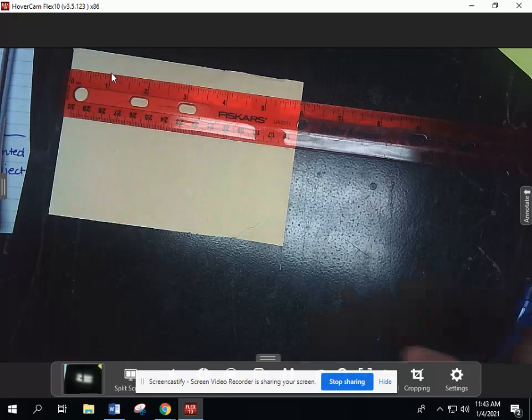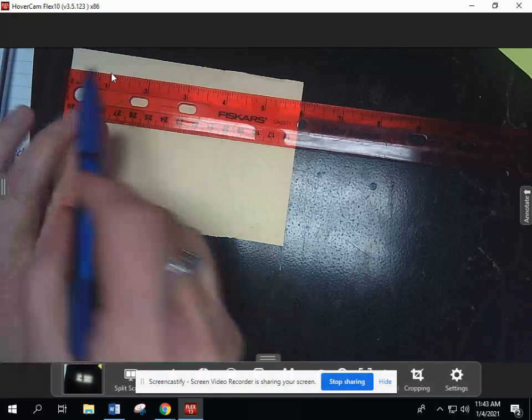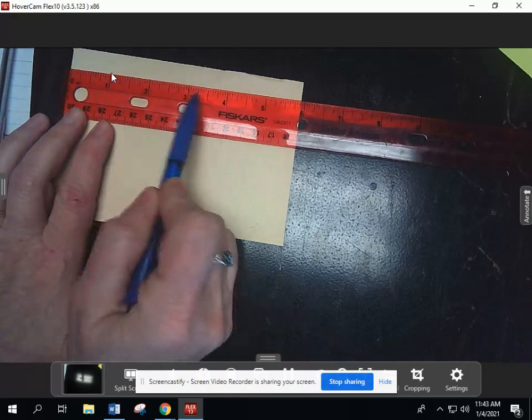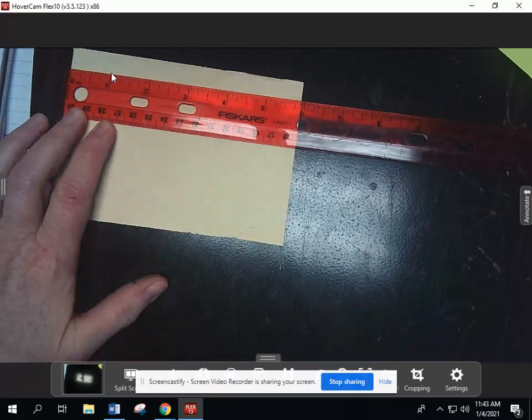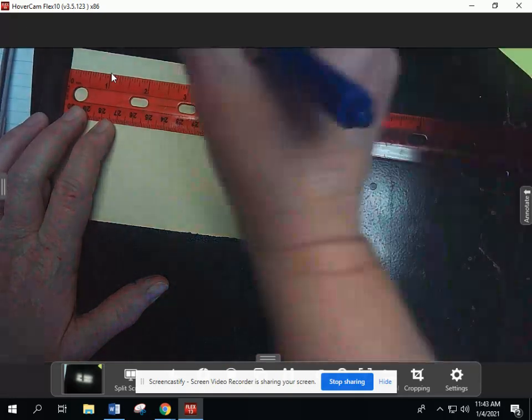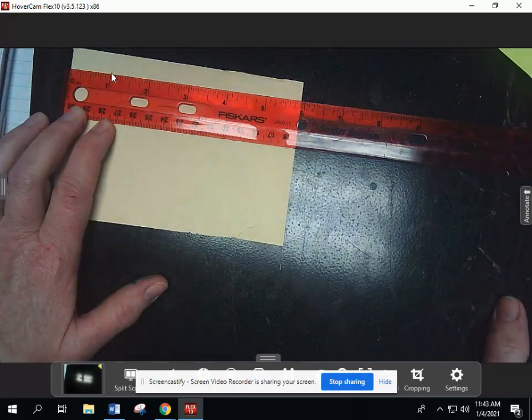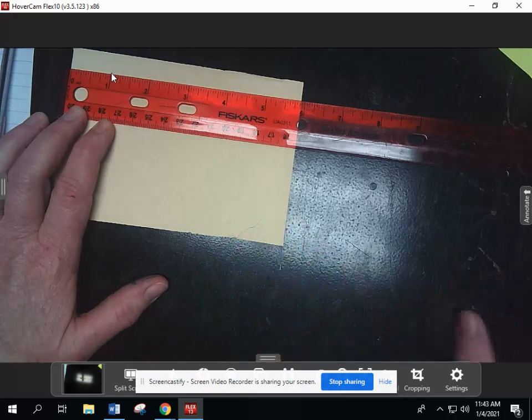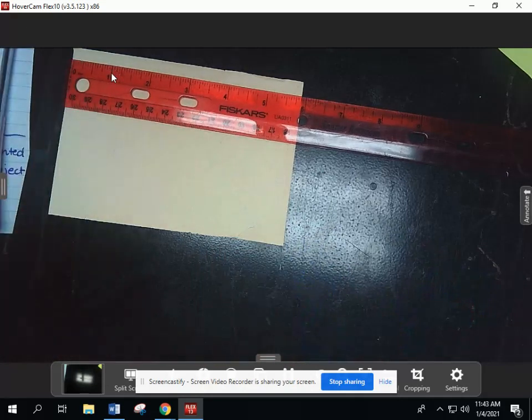Okay, look at this. 1, 2, 3, 4, 5, 6. How do I divide that into 3 parts? Yes, you fold it on the black line. Okay, how do I know that's even? Oh, you used the ruler. How do we use the ruler to divide 6 into 3 parts?